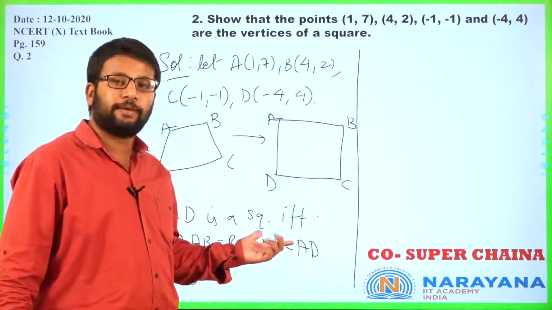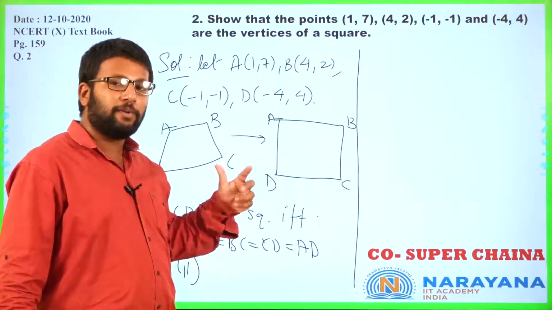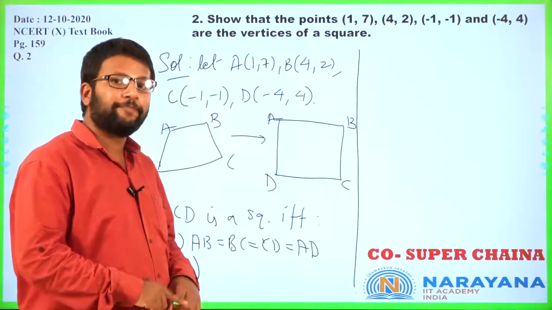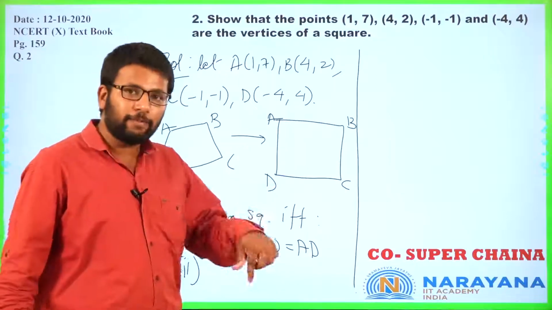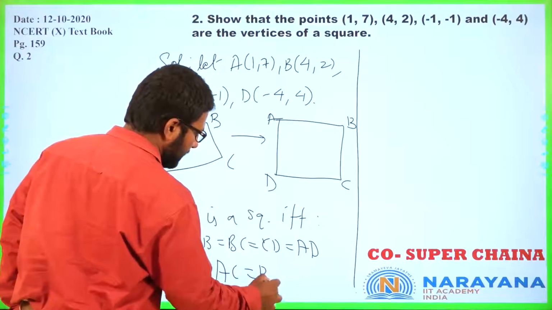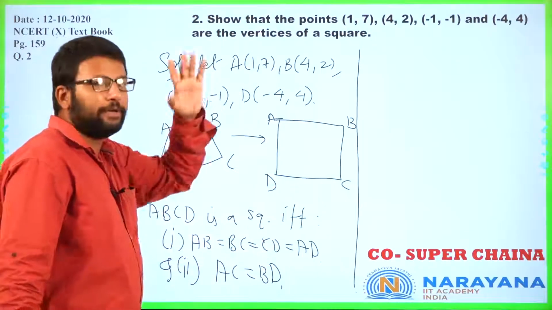We don't want it to be a rhombus. Now, how are a square and a rhombus different? In a rhombus, think of a kite. A kite is a rhombus. In a rhombus, diagonals are of unequal length. So, if all the sides are equal and both the diagonals are also equal, so AC equal to BD, then it becomes a square. Now, we have to check whether all of these things are happening or not.